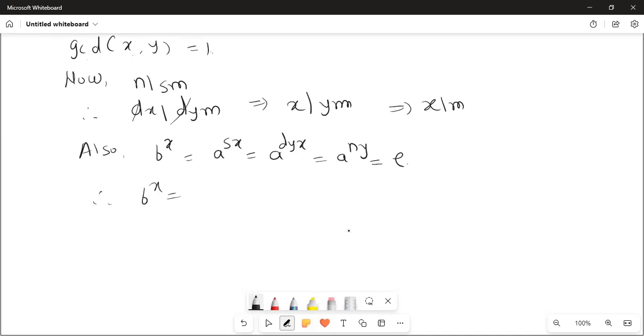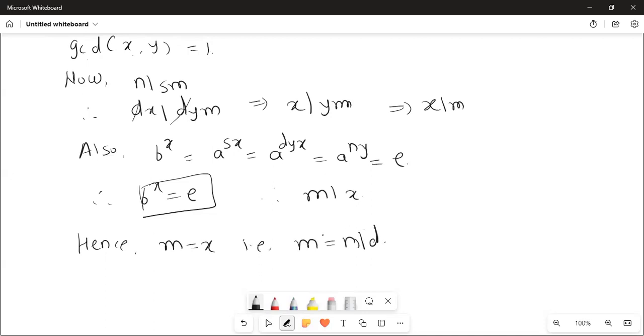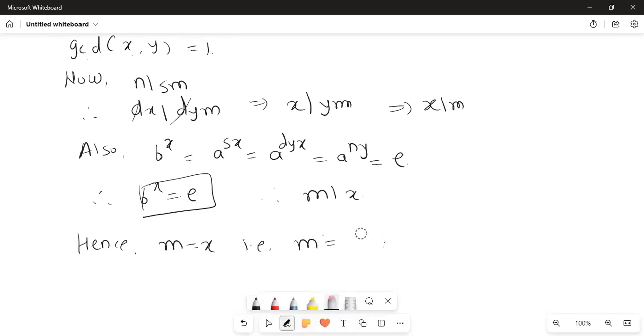Therefore b raised to x is equal to e, and therefore m divides x, and hence m is equal to x, that is m is equal to n divides d. We have written this formula in the form of divides. So m is equal to n divides d. This completes Theorem number 4.